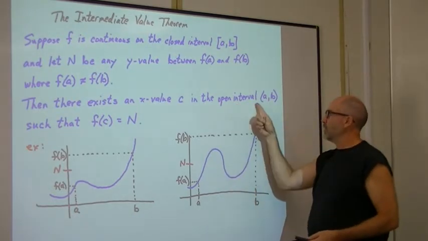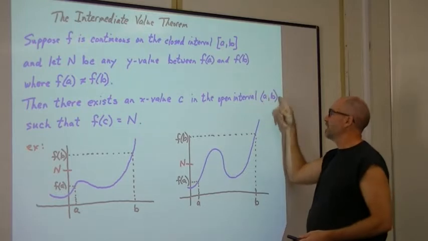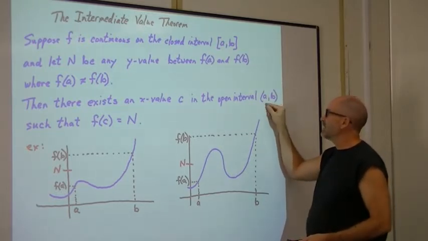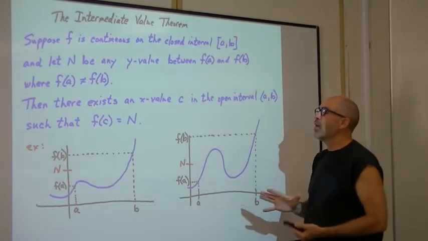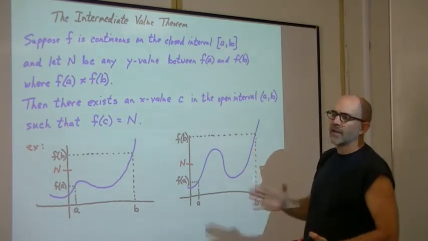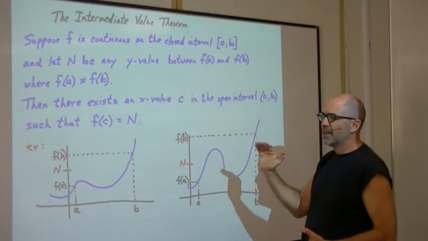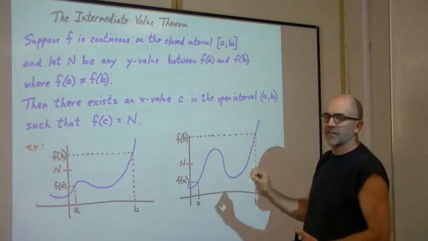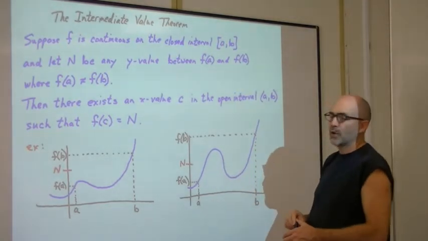The open interval is characterized with parentheses instead of brackets, and in open intervals, a is not included and b is not included. When you see an interval with infinity in it, like from 0 to infinity, you'd have to have infinity with a parenthesis because there is no such value as infinity. So you're never going to have infinity or negative infinity with a bracket. They're always going to be parentheses.